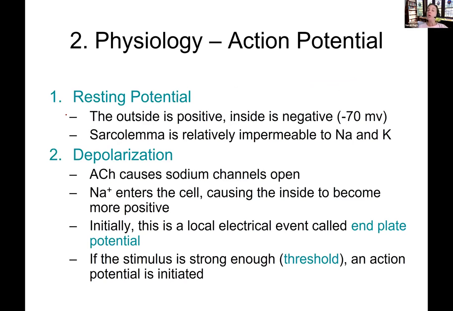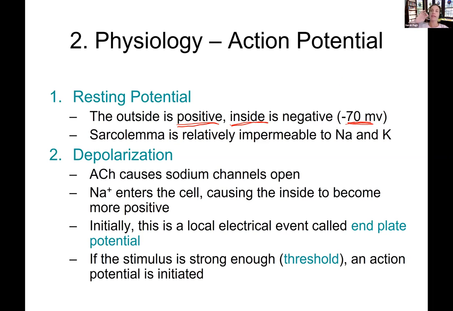All right, so if you just look at a muscle cell that's not contracting, it has this sort of resting potential. The resting potential is that the outside of the cell is positive, has a slight positive charge. The inside has a slight negative charge, and that causes the membrane to be at negative 70 millivolts.